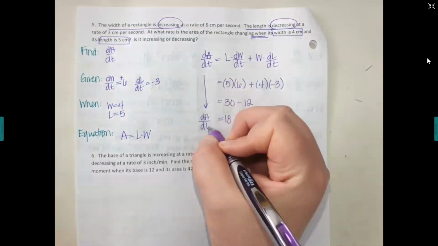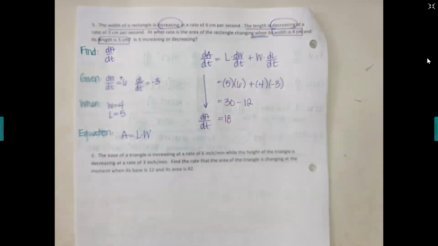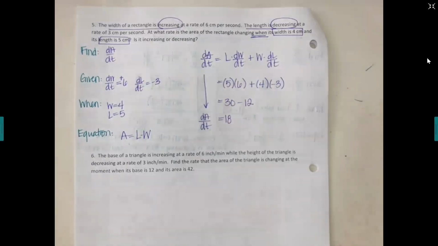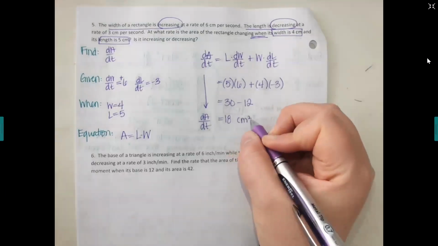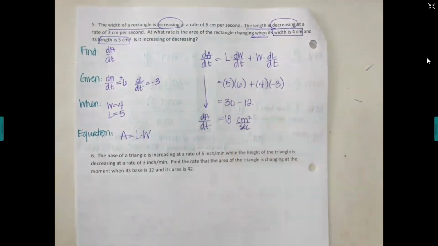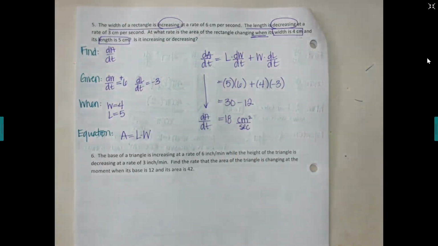Okay, at the end, you want to think about your units. This is the rate of change of an area. So what should my units be if I was measuring in centimeters per second? What should it be for area? Centimeters squared per second. Okay, then there's an additional question on this one. It says, how fast is the area changing? And then it says, is it increasing or decreasing?